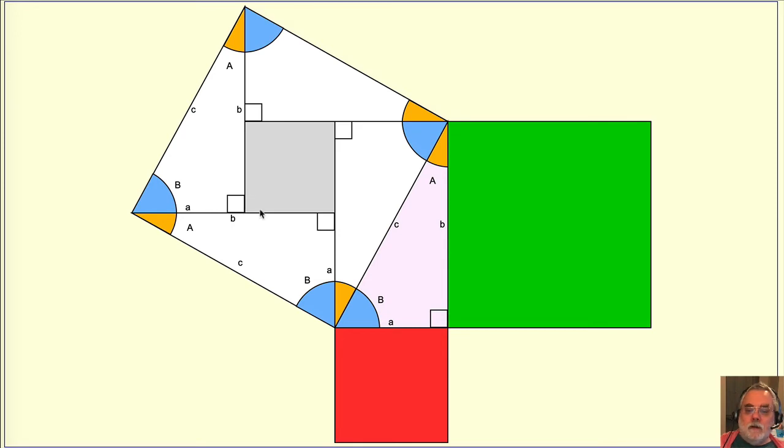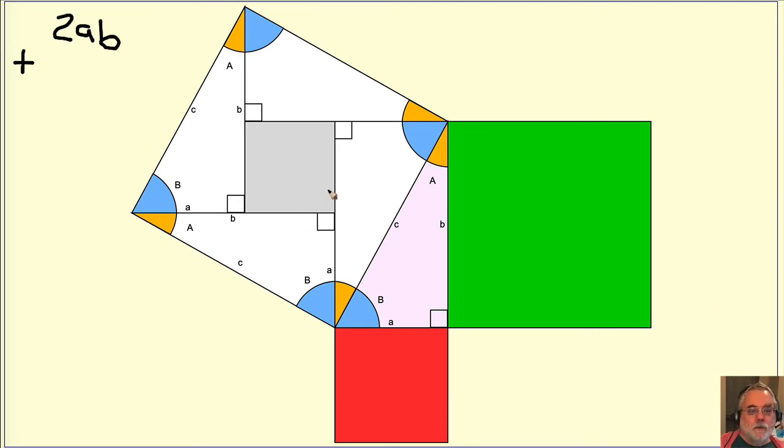Now, the area of the large square, C squared, equals the area of the four triangles, 4 times 1/2 AB, so that's 2AB, plus the area of the small square.